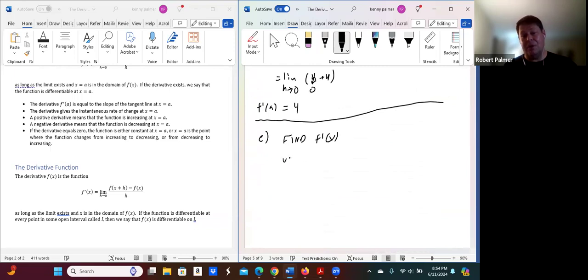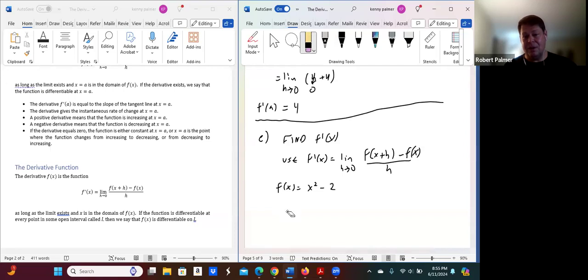And here we're going to use this definition: f prime of x is equal to, very similar to what we just did, the limit as h goes to 0 of f of x plus h minus f of x over h. Now, once again, my f of x is x squared minus 2. So let's do this in parts. f of x plus h, very similar to what I did a minute ago. Replace the x with x plus h.